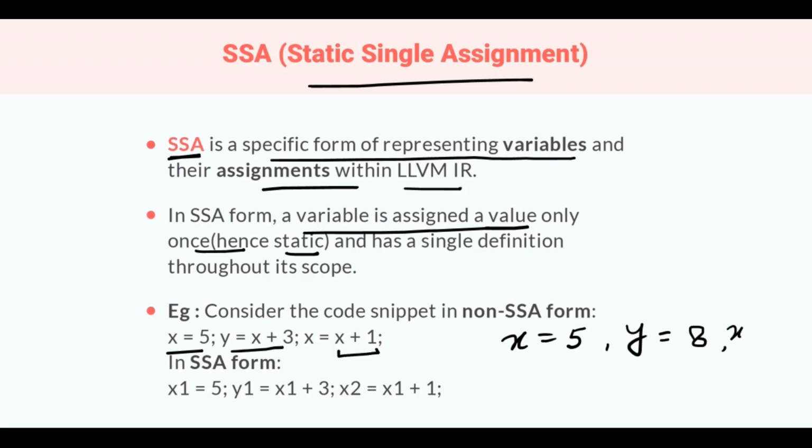So now our x becomes 5 plus 1, that is 6. See carefully, here x is 5, but here x is 6. But in SSA form, a variable is assigned a value only once, but here we are trying to assign the value of x 2 times. So this is not SSA form.